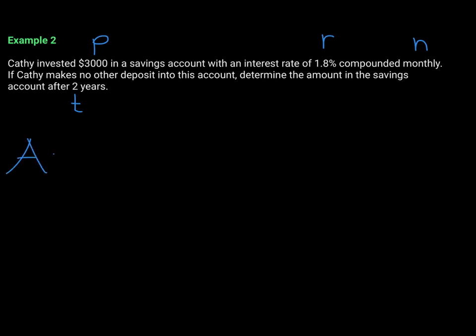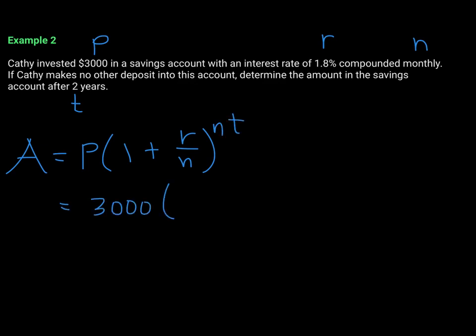So let's use the formula. A, which represents the amount that the money has accumulated to, is equal to P times 1 plus r over n to the power of nt. So this is $3,000 times 1 plus 0.018 divided by 12 to the power of 12 times 2.